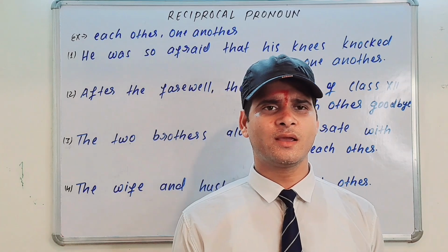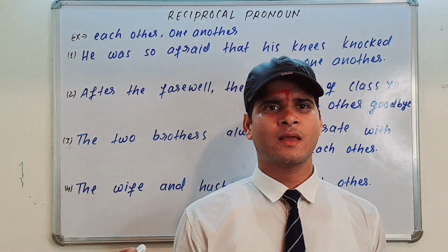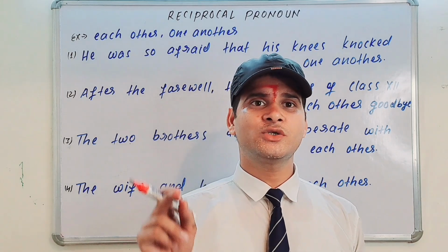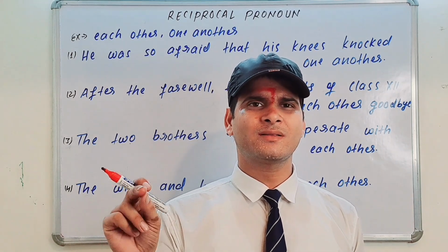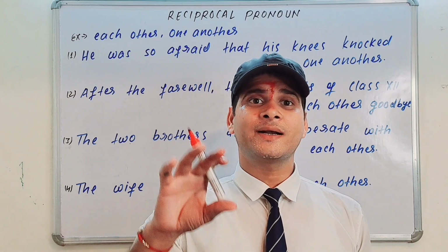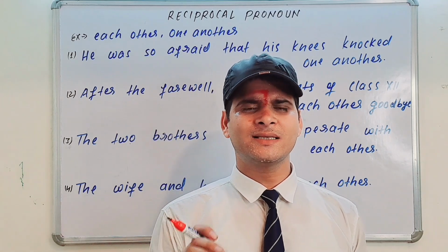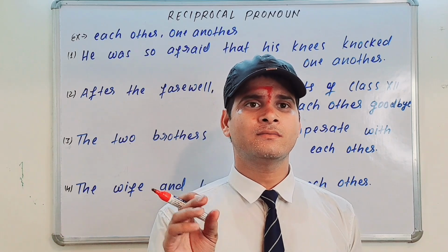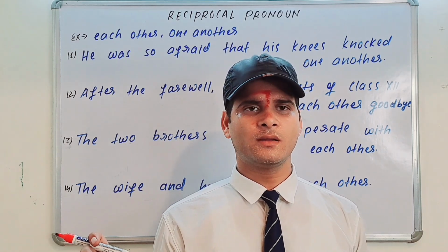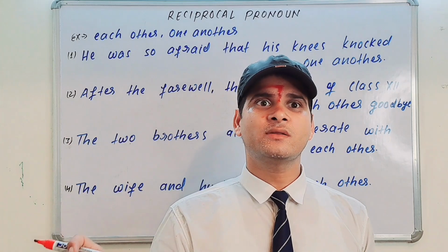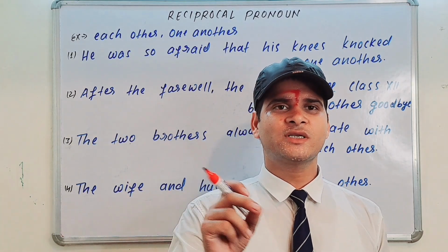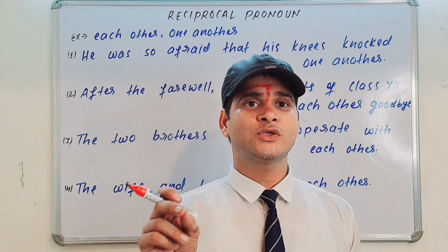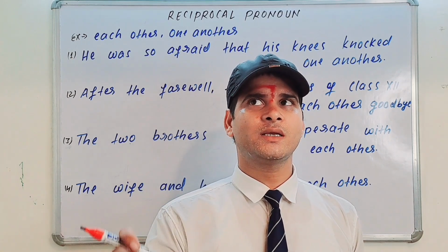That's it. And again here see, when it is used in a sentence, there must be two or more people, things, groups reciprocating the action. And second, they all must be doing the same action.